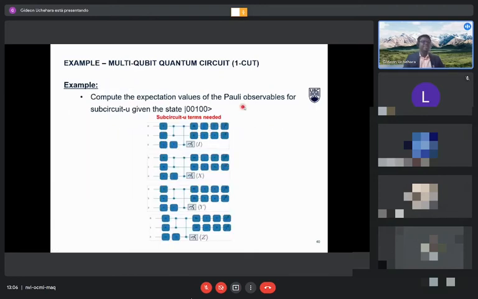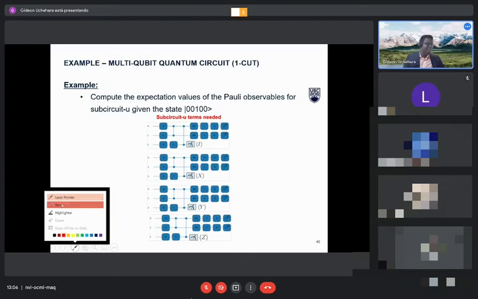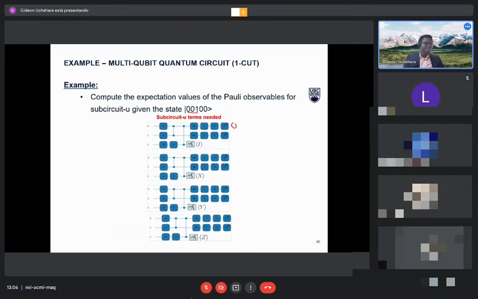So let's say we want to compute the expectation value for this subcircuit here, the expectation value for the identity here. If I can use my pen. Now, this is subcircuit U001. So here, I'm expecting 0, 0, 1.